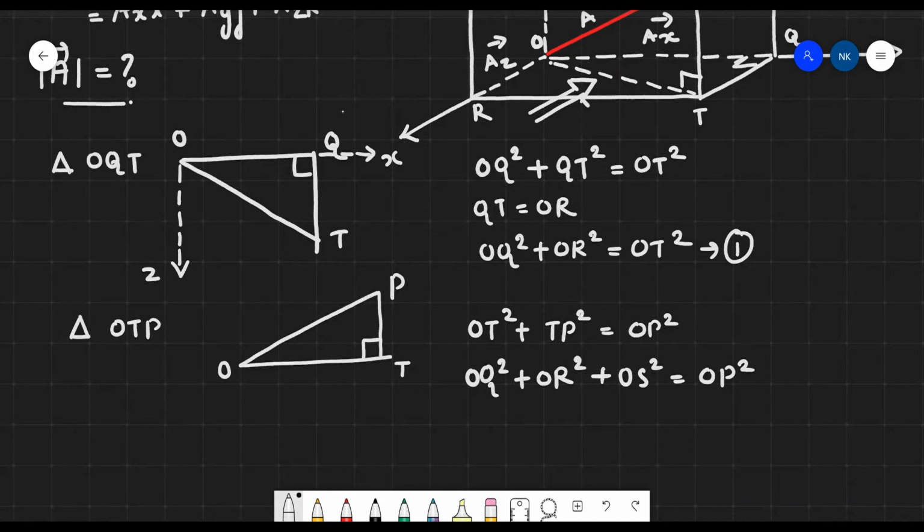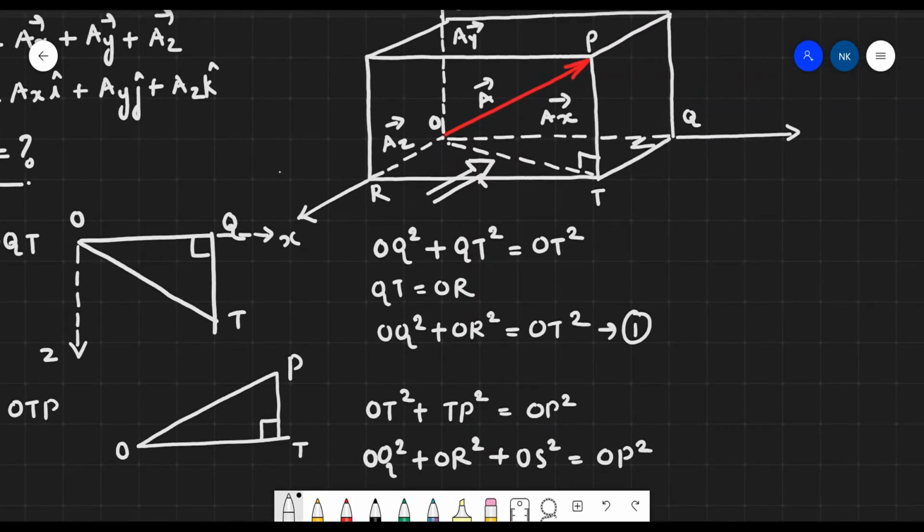Now, please have a look at this diagram once again. What is this? OQ stands for Ax. What about OR? OR is equal to Az. Now what is OS?